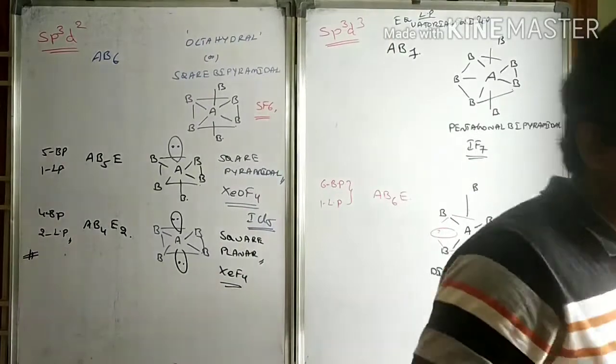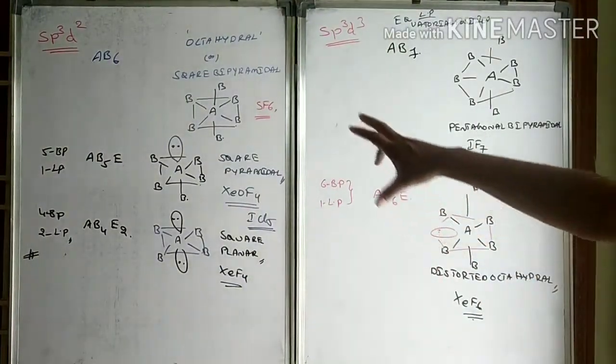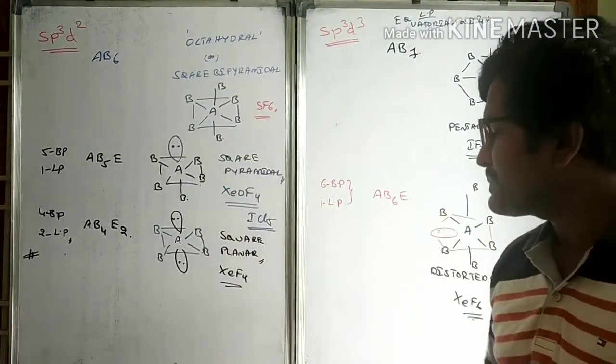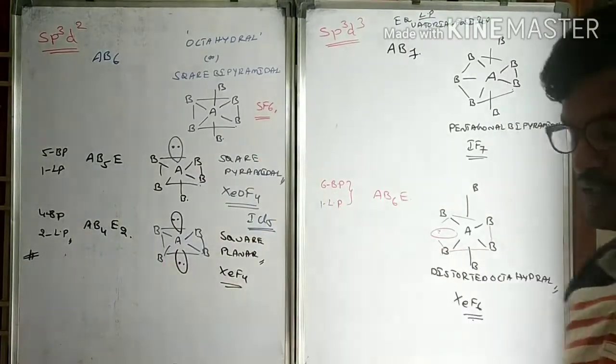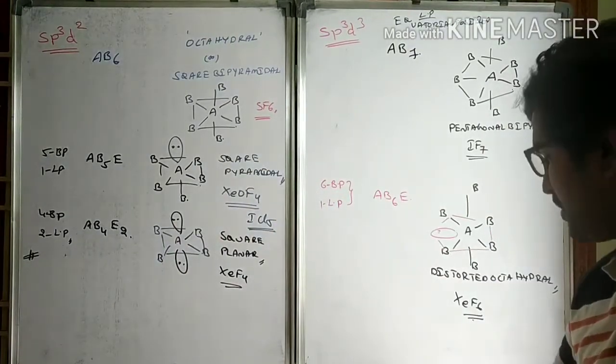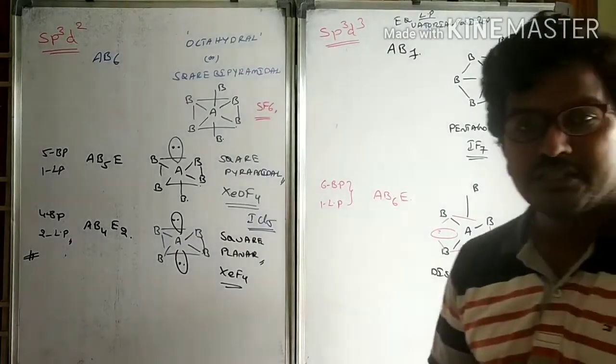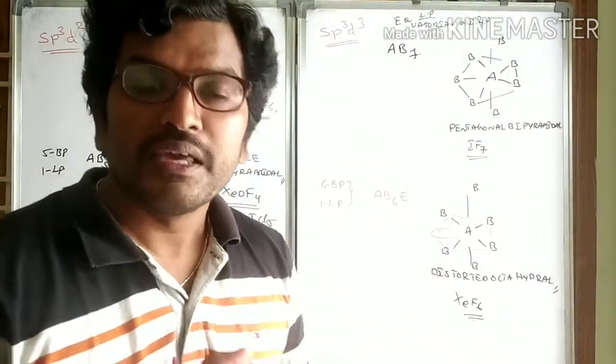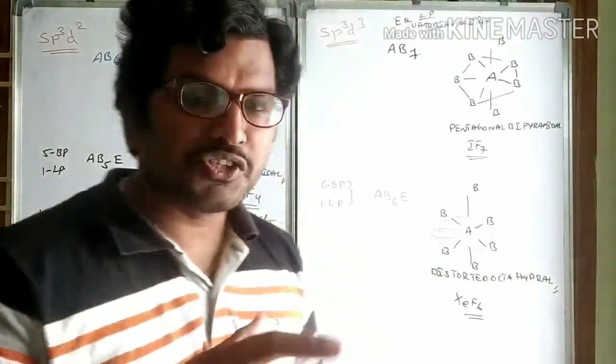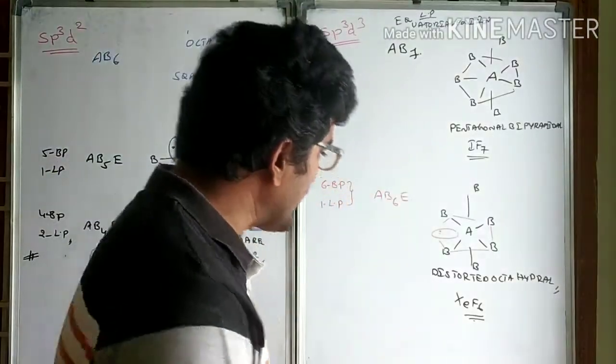So like this we can understand the different compounds, and based on the structure and the lone pairs available on them, we can have different examples for this VSEPR theory. This is a very important one. If you take halogens, for example, there are many interhalogen compounds.